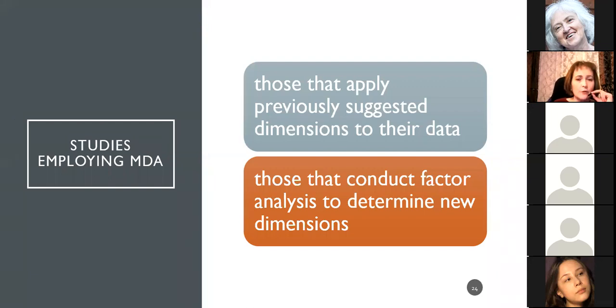The benefit of the first group of studies is that the results of such studies are perfectly comparable, while the new factor analysis enables researchers to create new dimensions of variation specific to their data, to their texts. So we will look at both these types now.